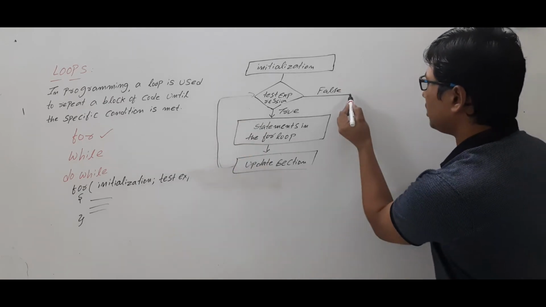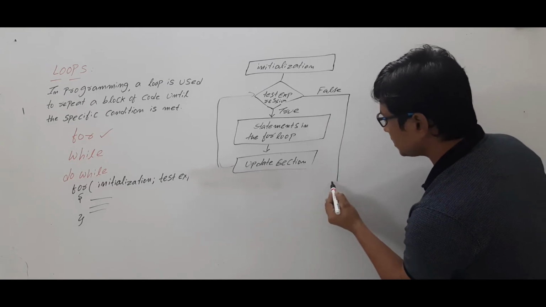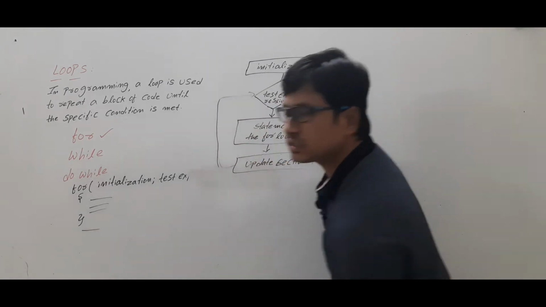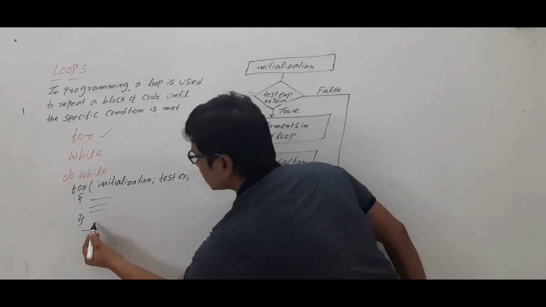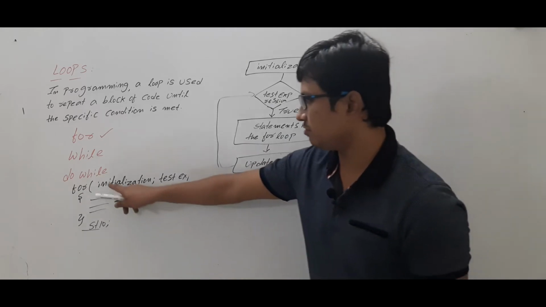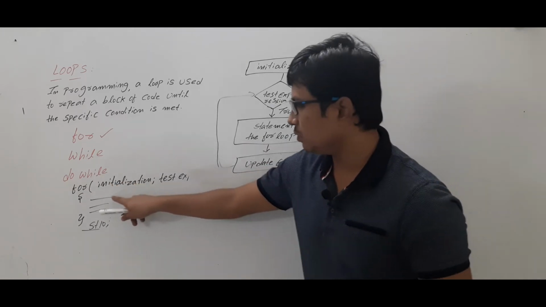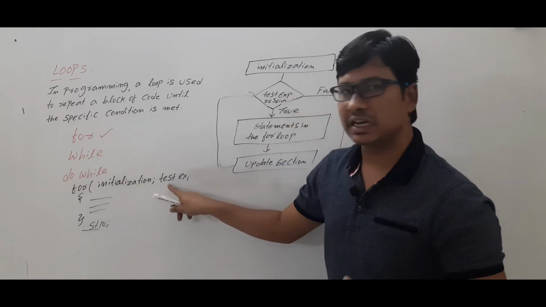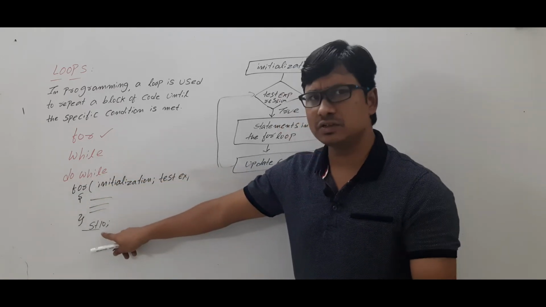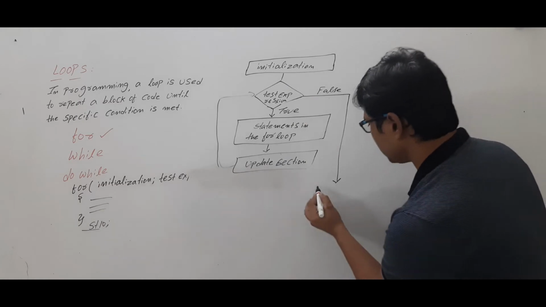If it is false, you will execute the statements which need to be executed after this for loop. Suppose after this for loop you have some statement 10. That statement you want to execute. Is it clear? If the condition is true in the for loop, you will execute these statements. Once this condition is not satisfied, you will come out of the for loop and execute some other statement. That statement you will execute here.